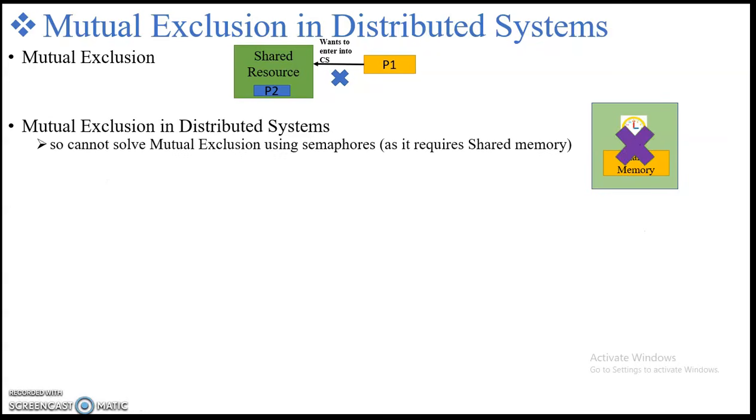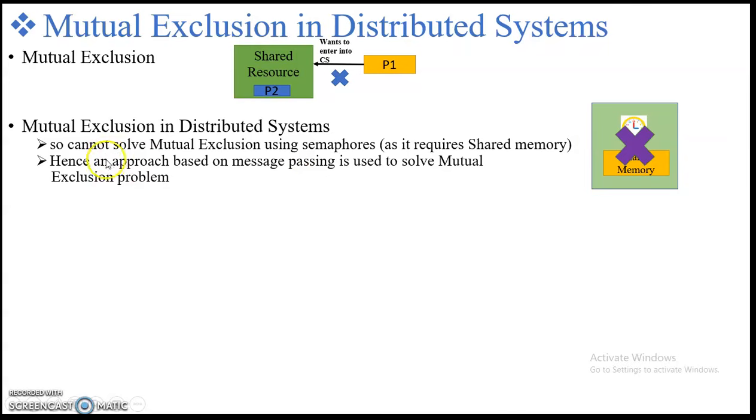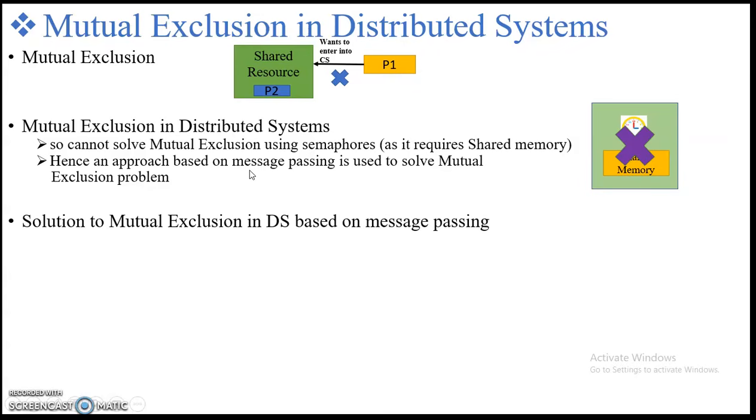So obviously the mutual exclusion techniques such as semaphores will not work in distributed systems as they require the shared memory concept. Hence, an approach based on message passing is used to solve the mutual exclusion problem because the interprocess communication used in distributed systems is message passing. So, we have to follow an approach which is based on message passing.